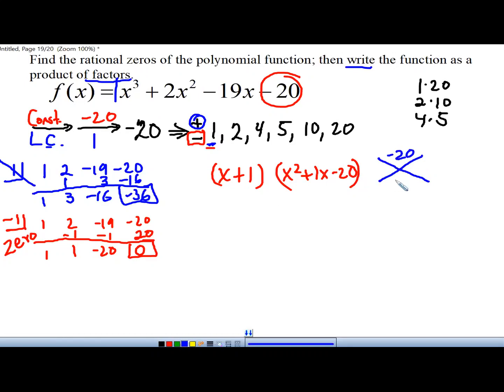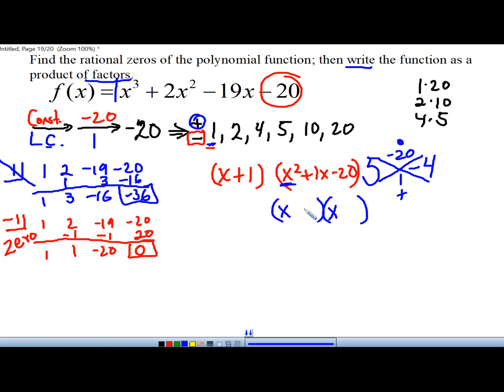Negative 20, 1. Factors of negative 20 that add up to positive 1. For the sake of time, it's 5 times negative 4. What is 5 times negative 4? Negative 20. What is 5 plus negative 4? That's 1. So I'm going to rewrite this trinomial. x squared becomes x times x.